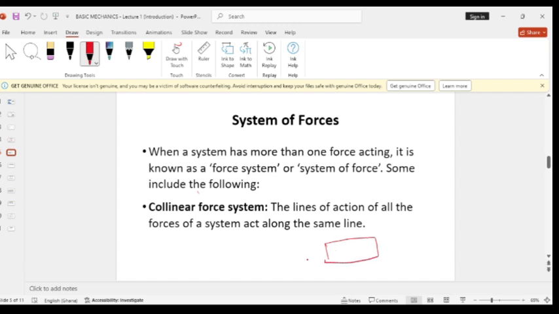there are forces acting on this. Let's say this is a surface, and it is lying on a surface, right? As long as it is lying on the surface, it has weight which is acting downwards, and it has reaction forces which are also acting upwards.